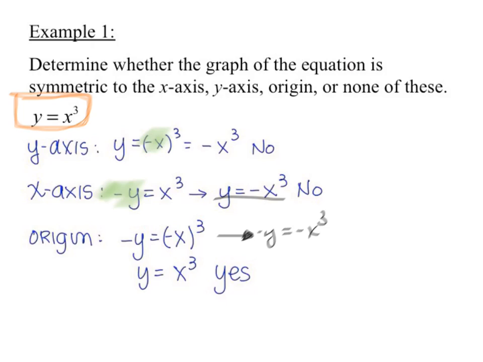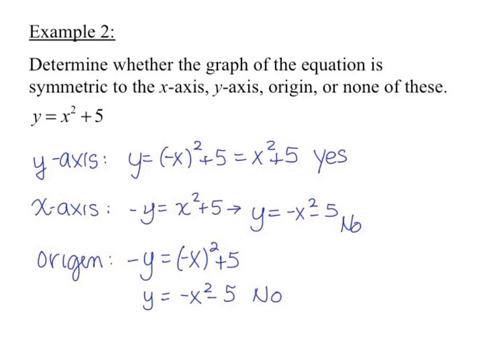And so that would be then, when I multiply by negative 1 all the way across, y equals x cubed. This one does match. So, yes, this matches the same thing we had there. So, yes, it is symmetric about the origin, not about the x-axis or the y-axis.